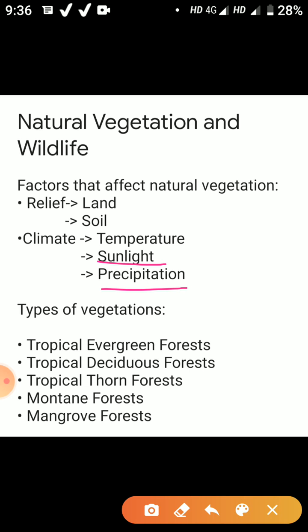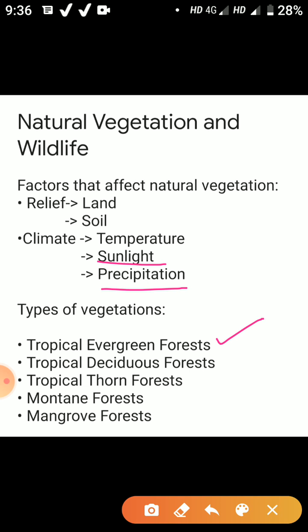And this tropical zone receives direct rays of the sun and has a hot climate, and due to heat there is more rainfall, right? This is the main reason why these forests are evergreen. One more thing, these plants are evergreen because they don't have a particular leaf shedding period.